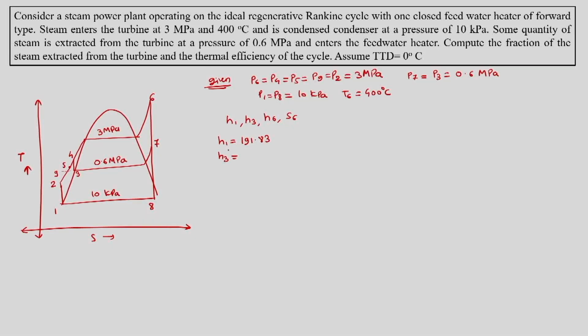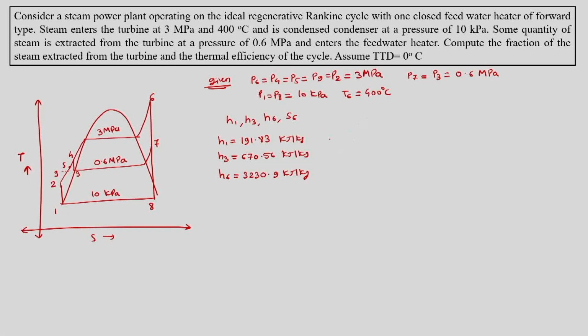H3 is equal to 670.56, and then H6 is equal to 3230.9 kilojoule per kg.